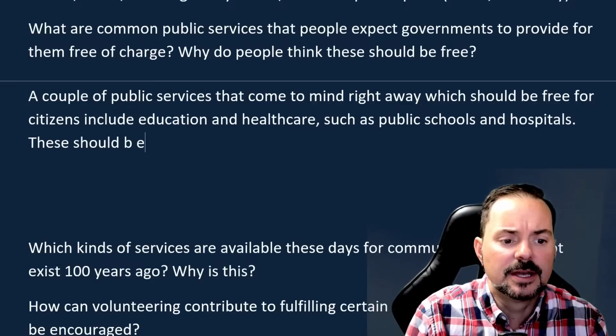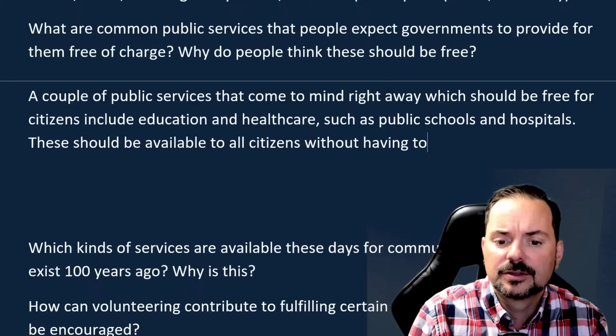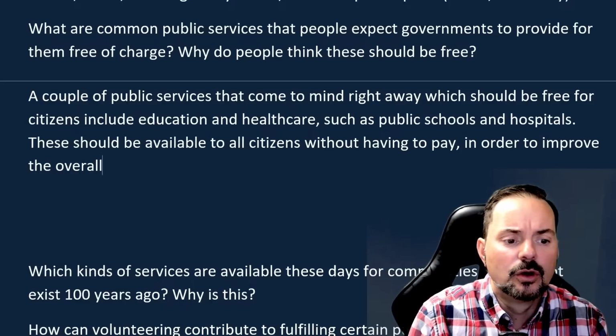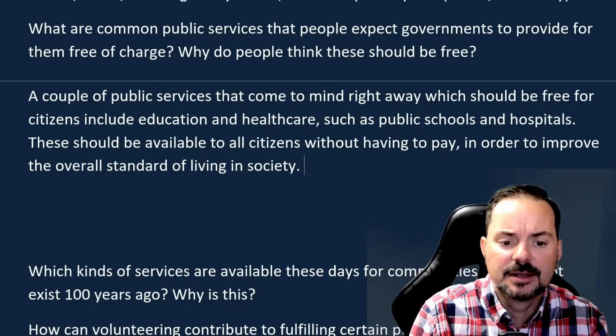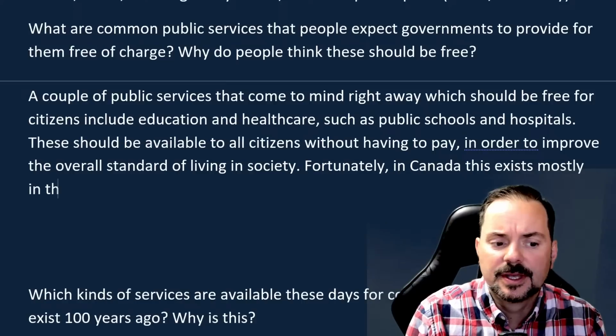These should be available to all citizens without having to pay in order to improve the overall standard of living in society. Fortunately, in Canada, this exists mostly in this way.